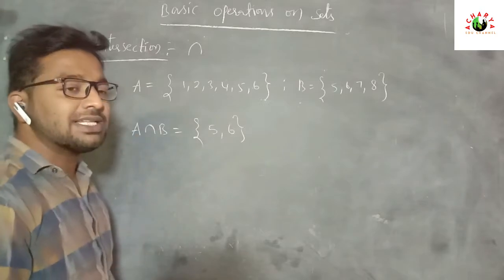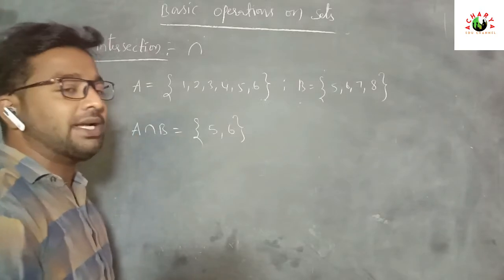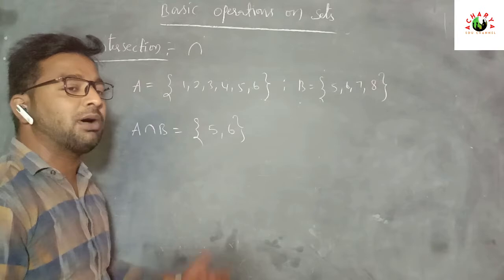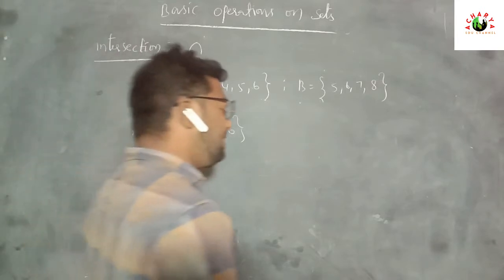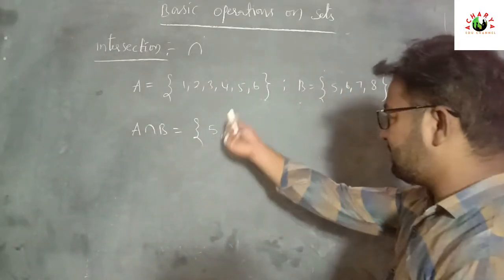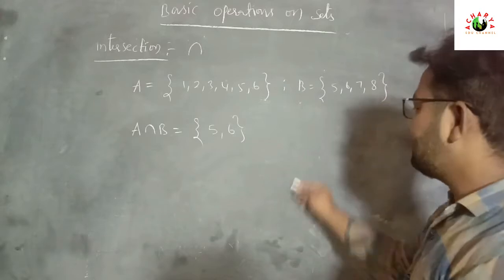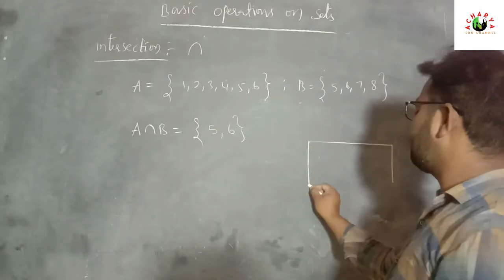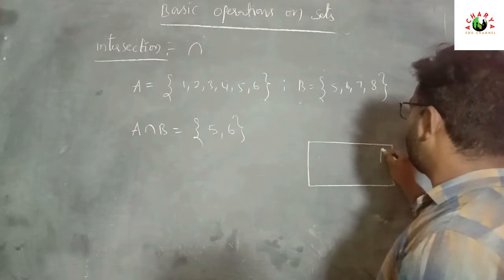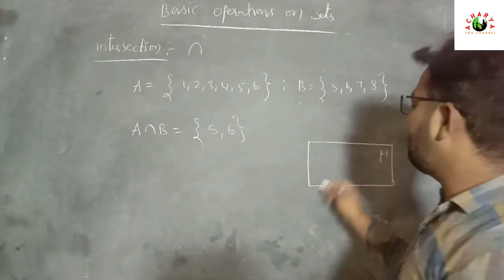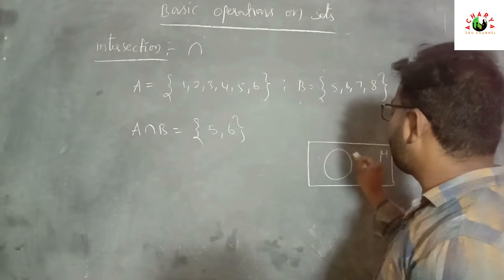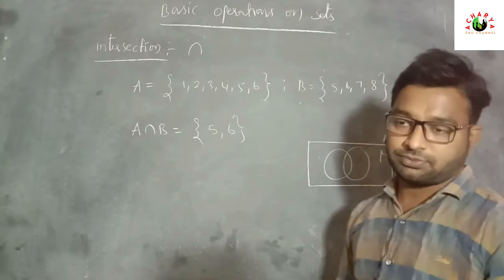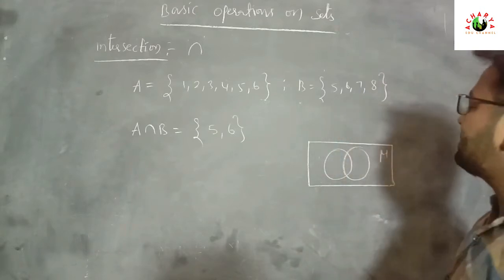Now for A intersection B, how should we represent it in a Venn diagram? How should we draw the Venn diagram of intersection? See, as it is, but the shading part is changed. First we have to draw a rectangular box. This is mu, the universal set, and we can write the two sets 1 and 2.